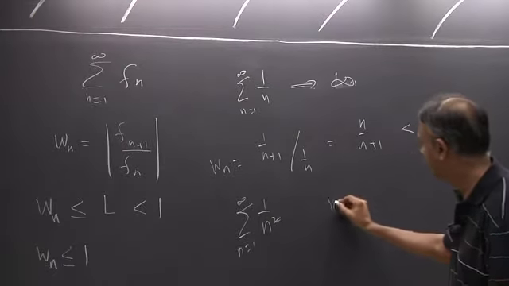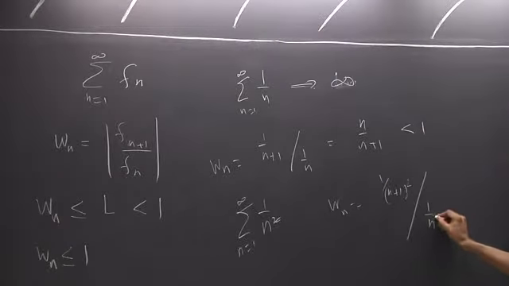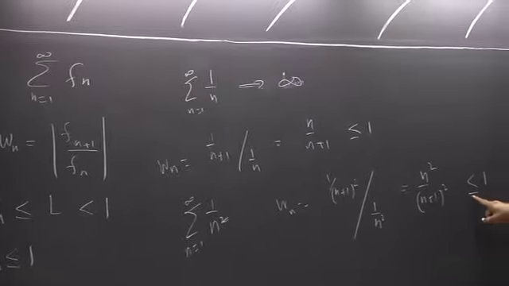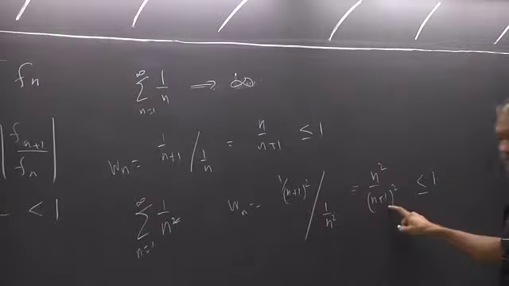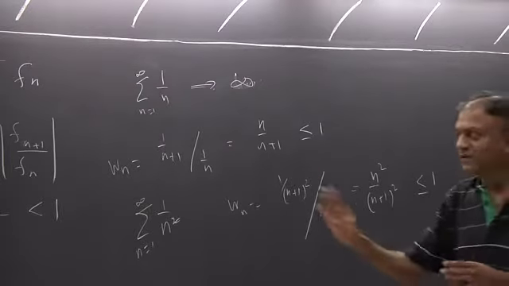But you see that here again, if you compute Wn, it is 1 over n plus 1 squared divided by 1 over n squared, which is n squared divided by n plus 1 squared, which again is less than or equal to 1, because in the n goes to infinity limit it becomes equal to 1. So here again L is 1, but this is convergent. So for L equal to 1, it can happen either way. We cannot say anything more. You have to examine the given series more closely. But if L is less than 1, then it is for sure convergent. And it's a very useful test.